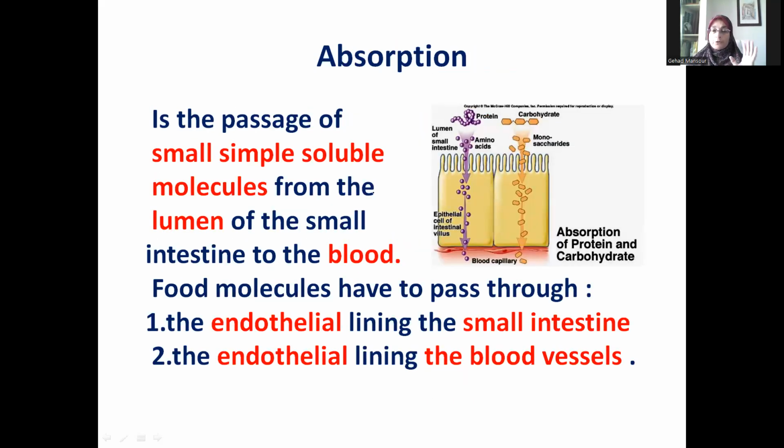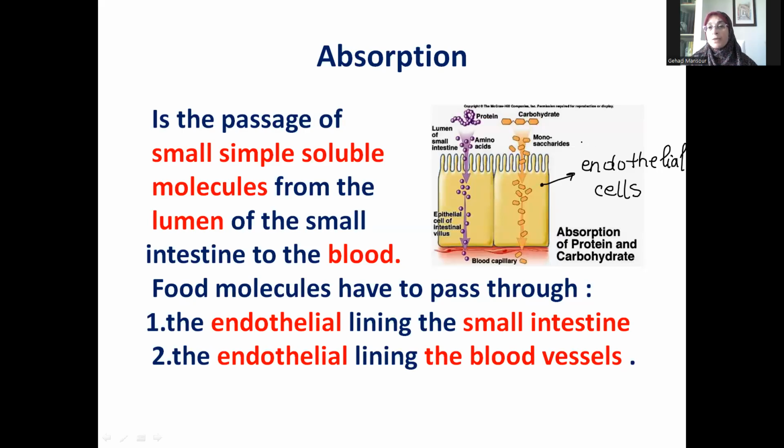And now we are going to focus more on the slide of absorption, because we need to review some important concepts like the final products of absorption, where we get those final products, and how the wall of the small intestine and the wall of the blood capillaries are well adapted to carry out their function. So here is a diagram that shows you the endothelial cells that line the small intestine from inside.